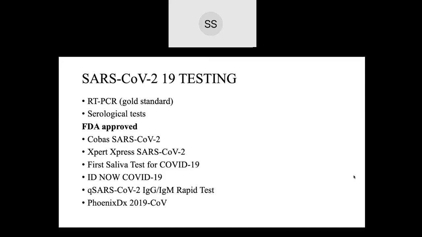At the same time, the test itself is expensive. Under the emergency use authorization, the FDA has approved several other tests. However, one limitation or another also comes with these tests in terms of sensitivity or specificity.